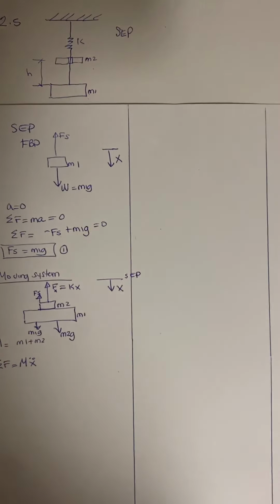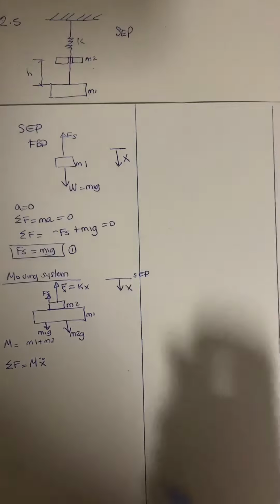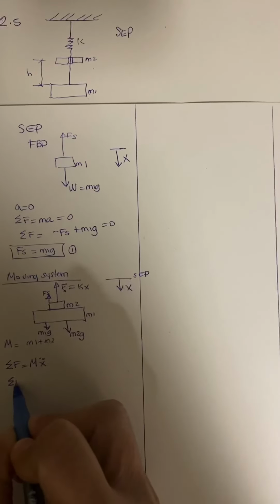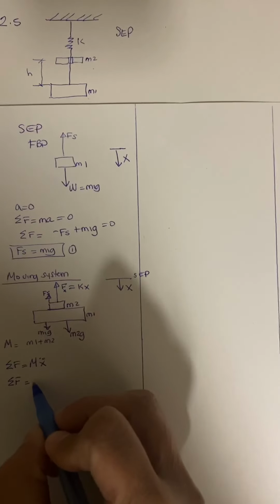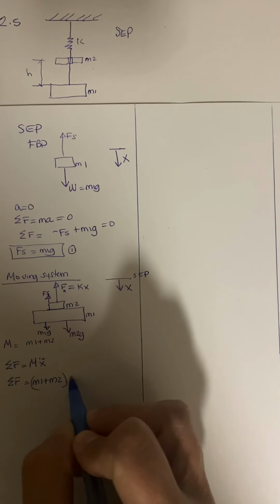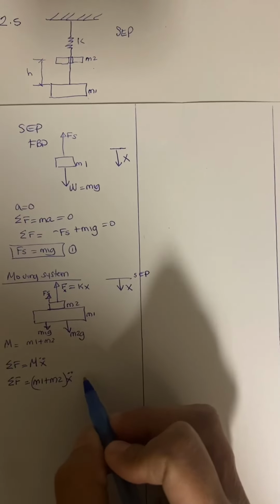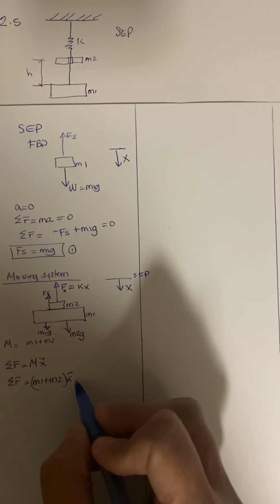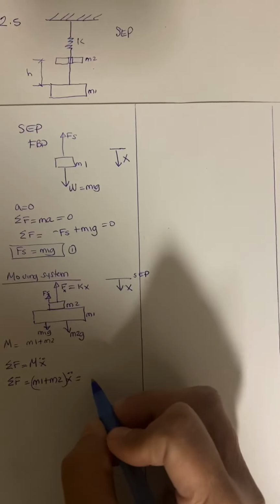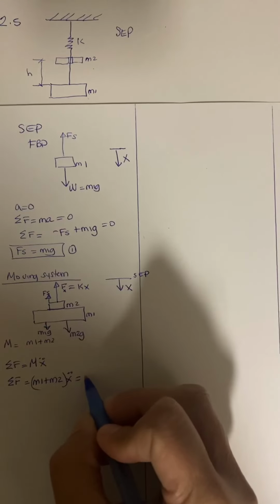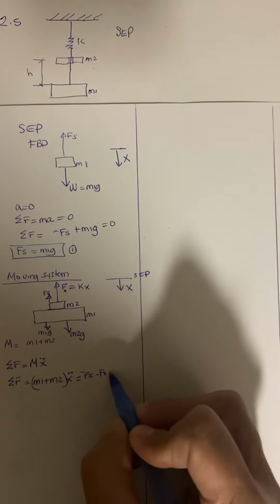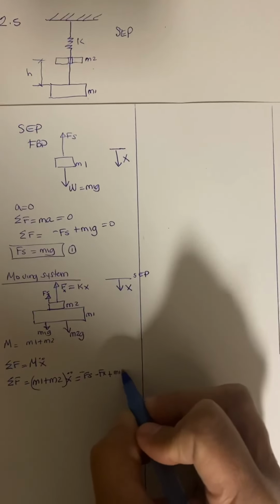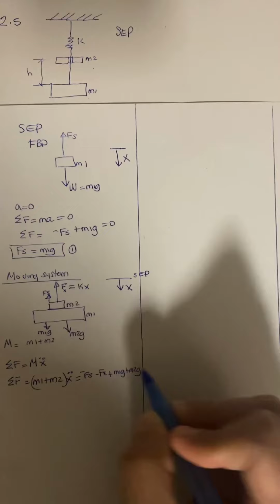In this system, the sum of forces equals mass, in this case m1 plus m2, times x double dot, and that is equal to negative Fs minus kx plus m1g plus m2g.